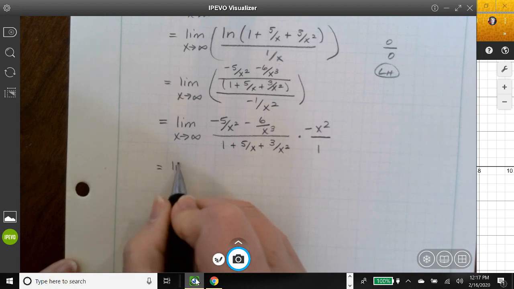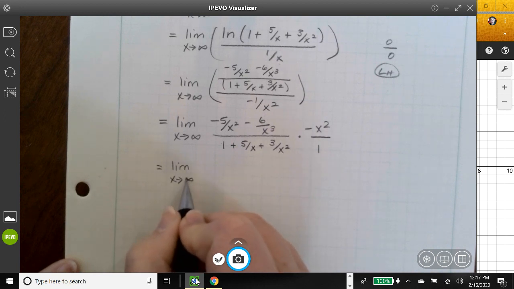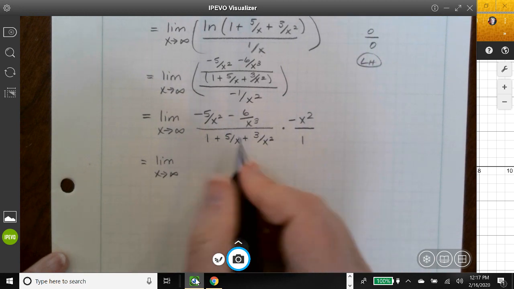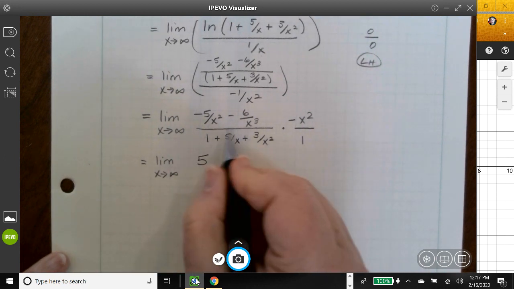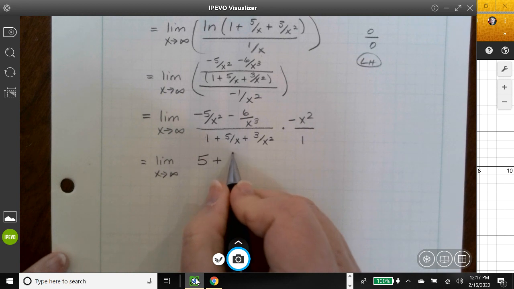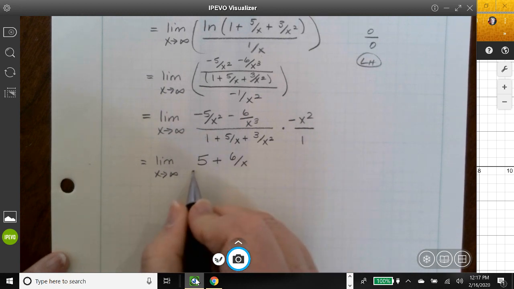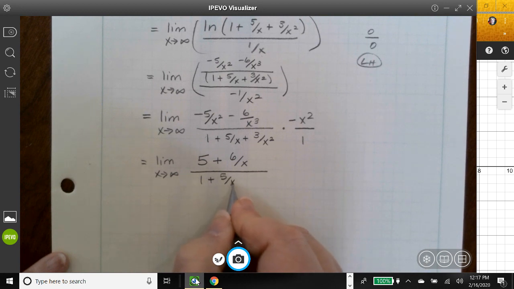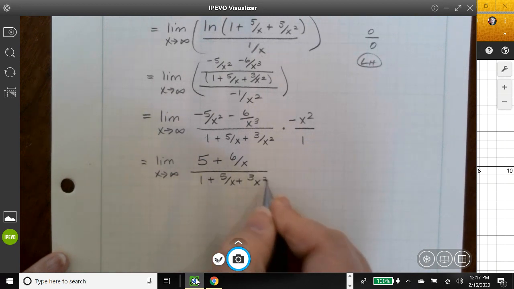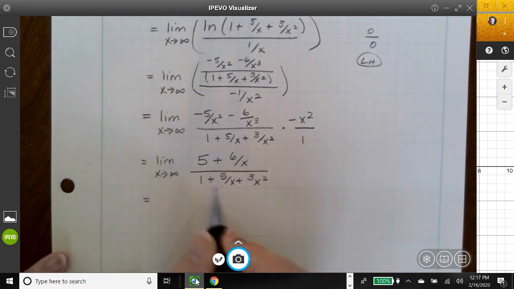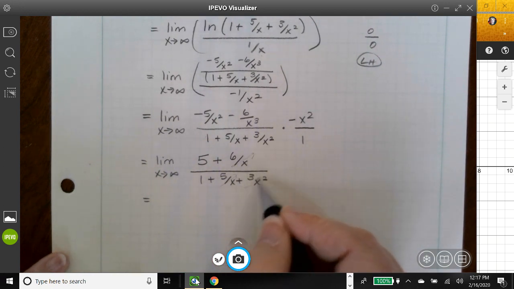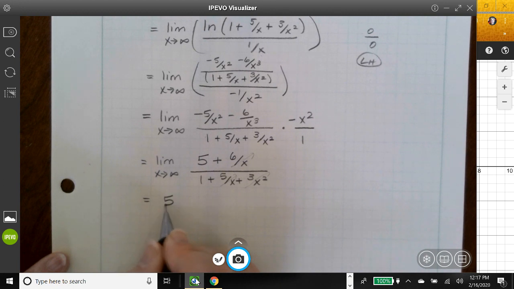And simplifying that, I get the limit as x approaches infinity of, what happens when I multiply x squared in here? Well, I get a positive 5, and the x squareds cancel, plus 6 over x, over 1 plus 5 over x plus 3 over x squared. And what happens now as x goes to infinity is this term goes to 0, this term goes to 0, this term goes to 0, and I'm left with just 5.